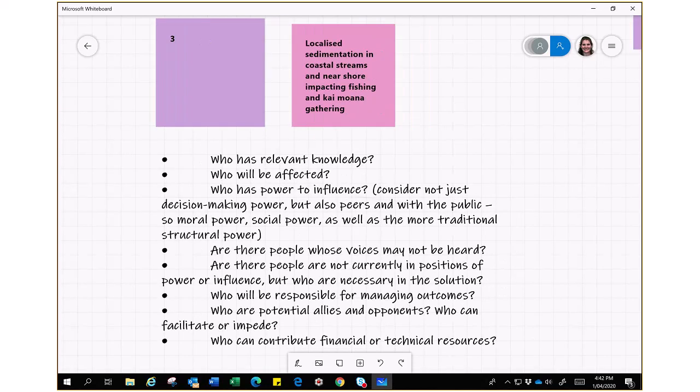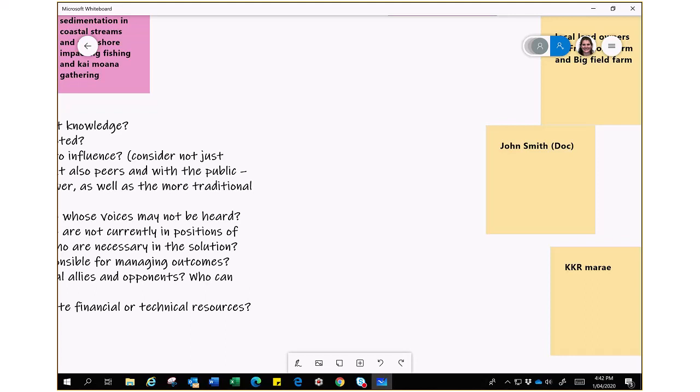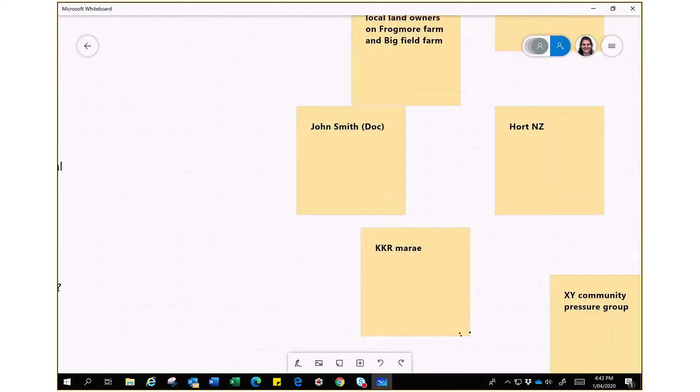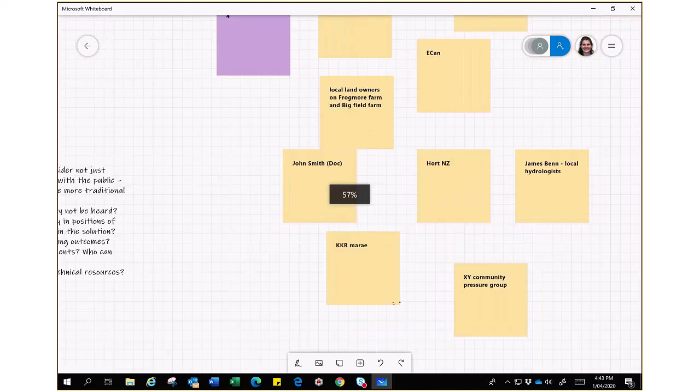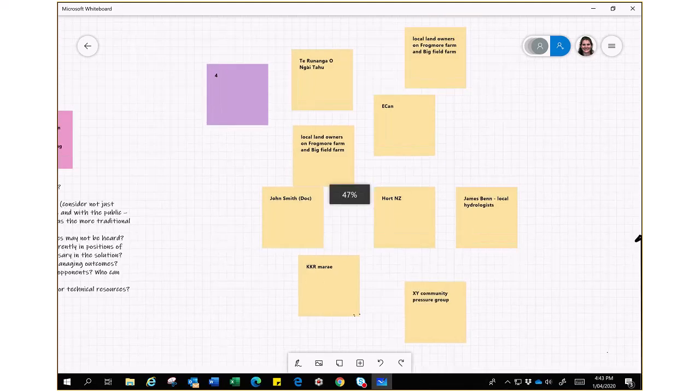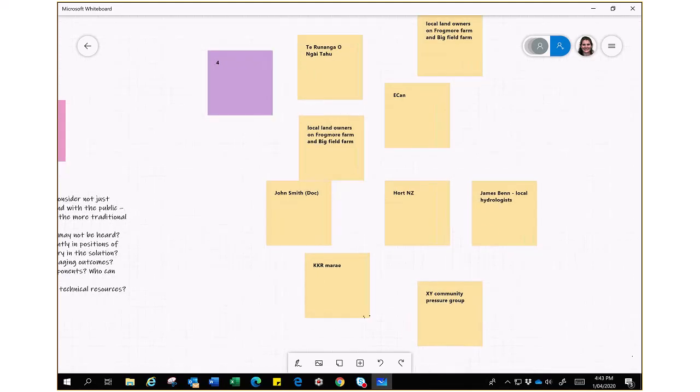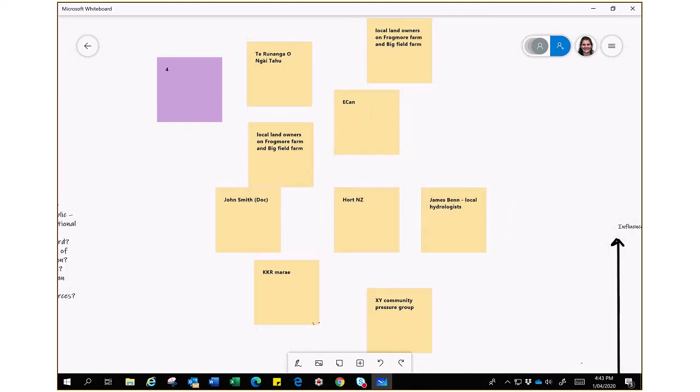So once everybody's made a long list, then bring that list together as a group, and then write each unique stakeholder on a post-it, one per post-it.